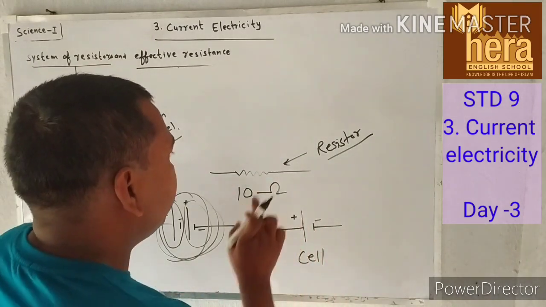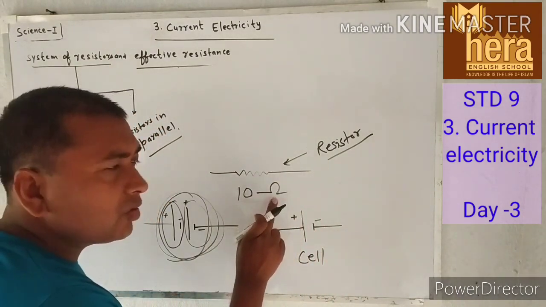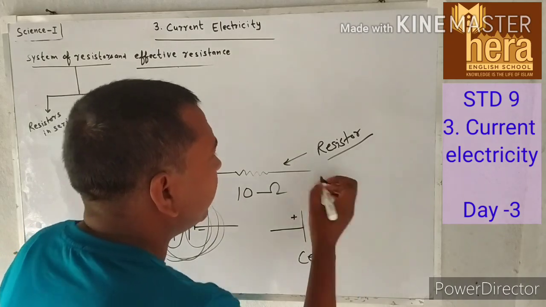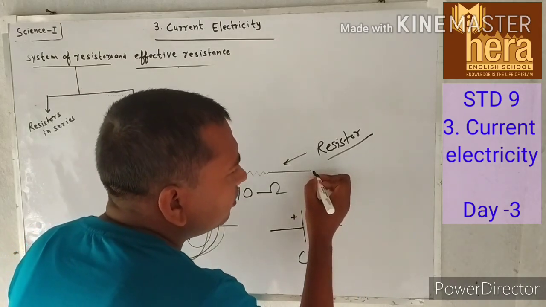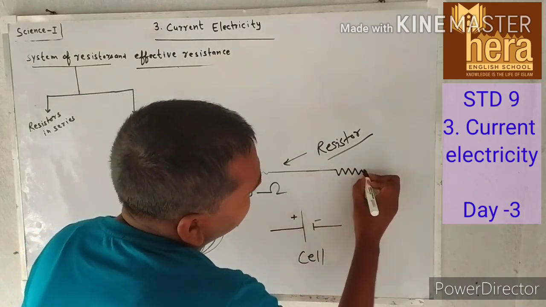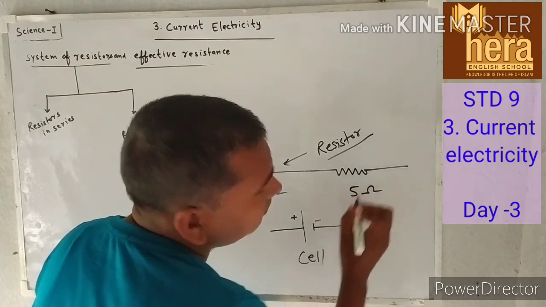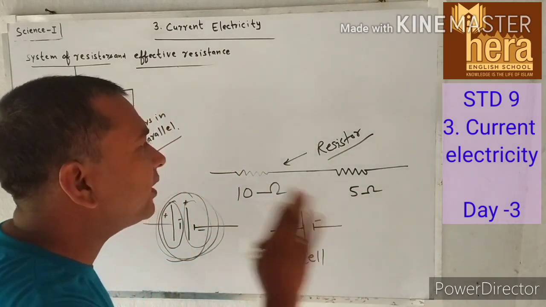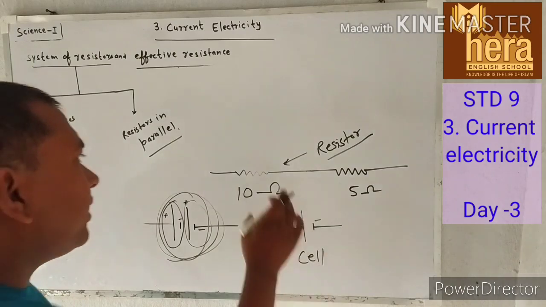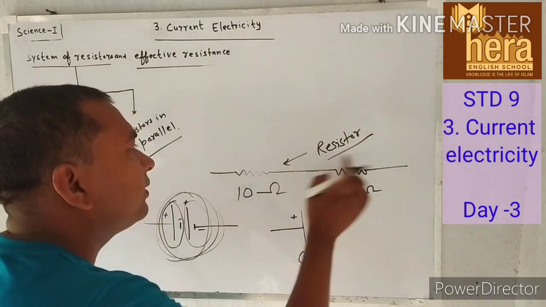This is the resistor having resistance 10 ohm. Again, if we connect one more resistor having resistance 5 ohm, this is possible. It means there are two resistors.